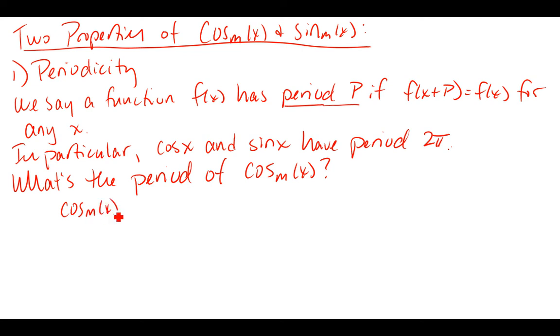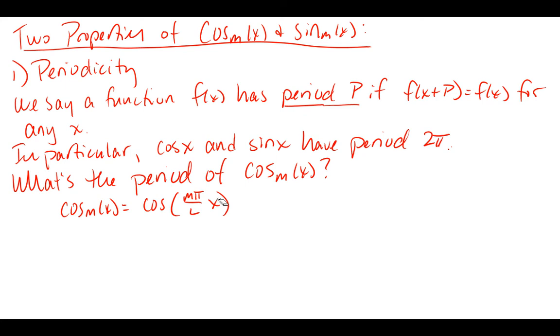Cosine of m, by definition, our little shorthand here, is cosine of m pi over L x. That's our notation. I know that's going to be equal if I add 2 pi to what's in the parentheses. I'm really trying to figure out how much I need to add to x in order to have this repeat.